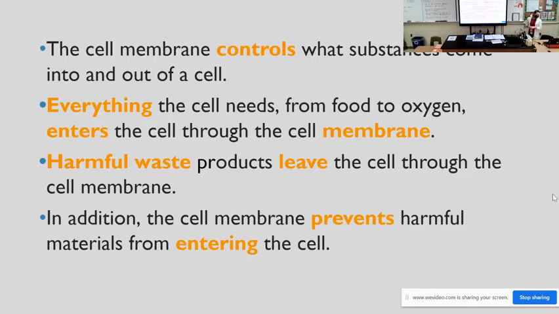And again, the cell membrane can prevent harmful materials from entering the cell.